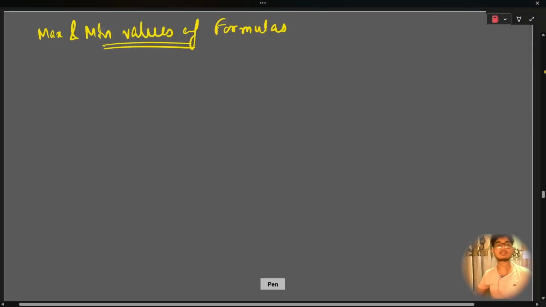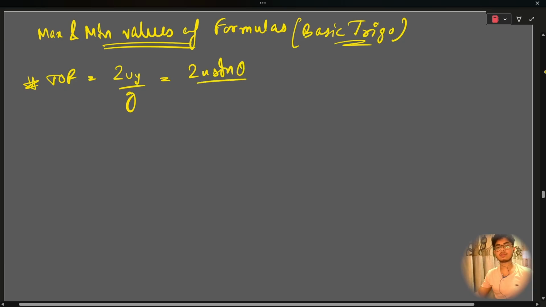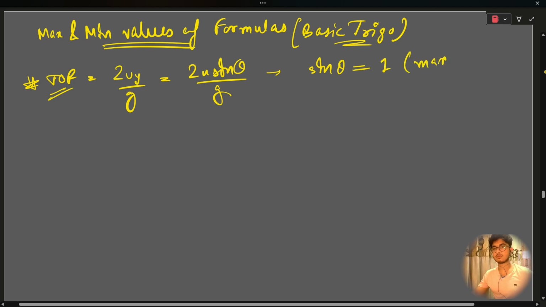Now, for the formulas we have discussed already, we have to find the maximum and minimum values. We'll start with time of flight. This is basically basic trig. I'll show you how. This is Vy by G, U sin theta by G. Now, if sin theta is maximum, then the numerator is maximum, then the time of flight is maximum, right? So sin theta, the max value is 1. And when does this happen?